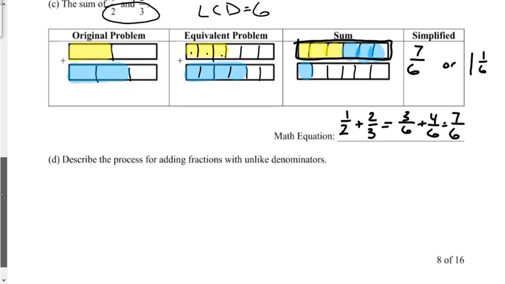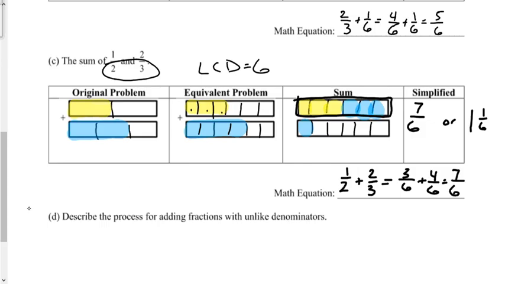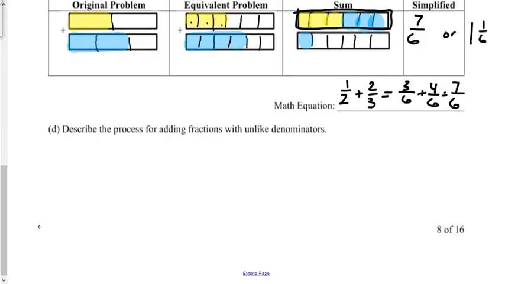Okay. All right. Right now, maybe think about what we've been doing. Describe the process for adding fractions with unlike denominators. We know that for like denominators, it's just go right across the top and keep the denominator the same. Right? But for unlike denominators, we're going to find the LCD.